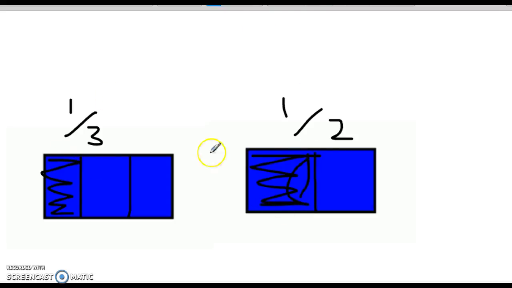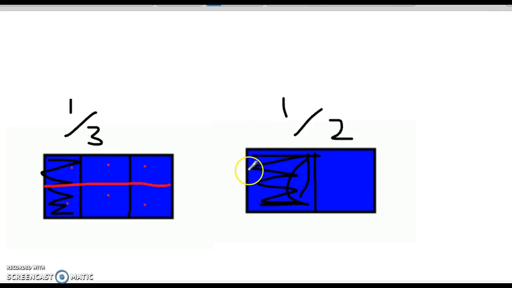Okay, now I can't put these pieces together because a third is not the same size as a half. So I have to come up with a common unit or a common denominator to put these two together. Okay, so what could a common unit for these two be? Well, I know if I split this here, I will have 1, 2, 3, 4, 5, 6 pieces.